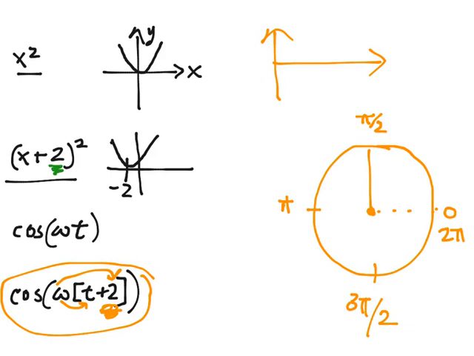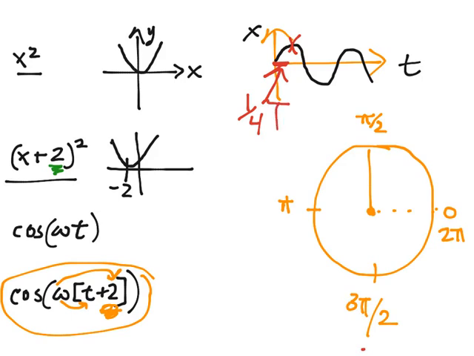So for example, if your position graph looked like this, so say this is x and this is t, you should have a position graph that starts right here. So your graph is shifted over by this much, okay? And this right here is 1/4 of your period.